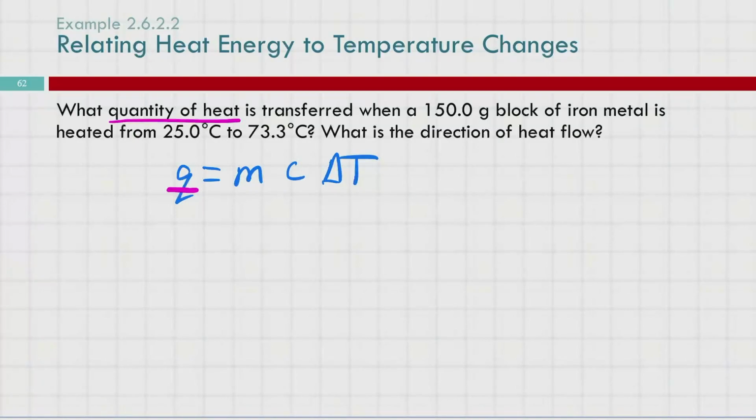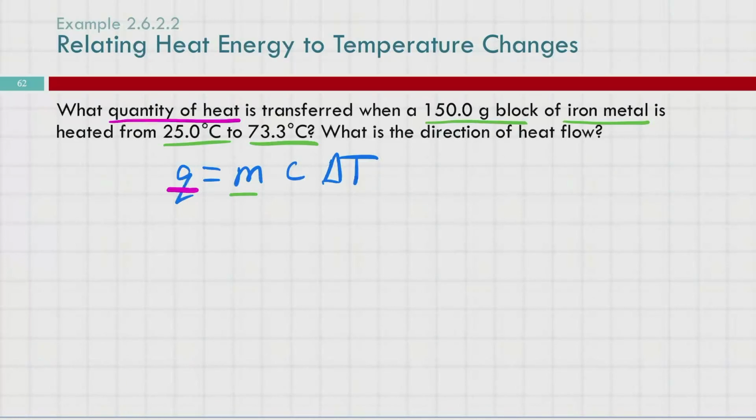What are we given? We're told that it's iron metal. We're given 150 grams. So we're given mass. We're also given 2 temperatures. Where do those temperatures fit in?